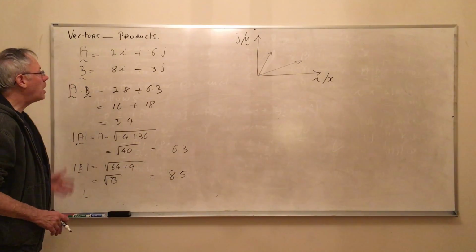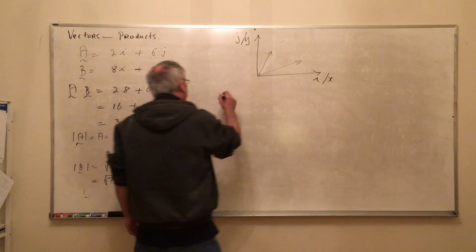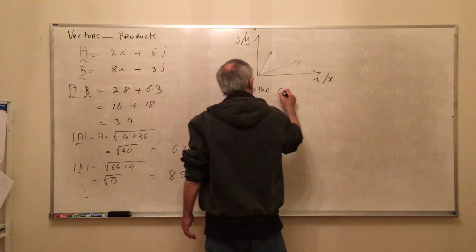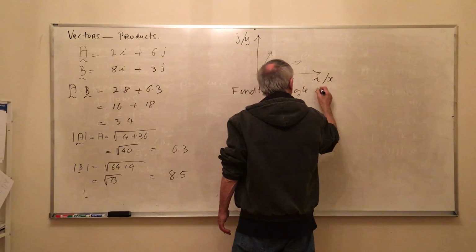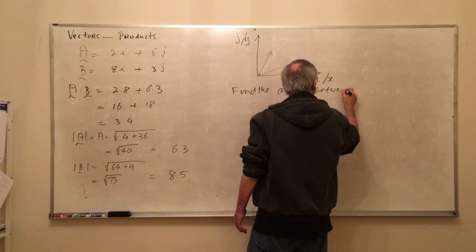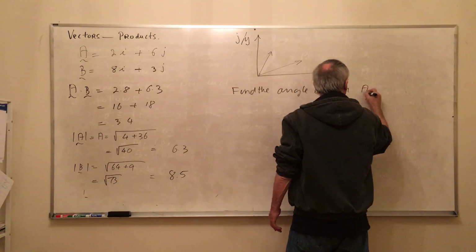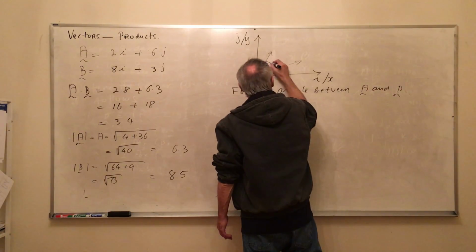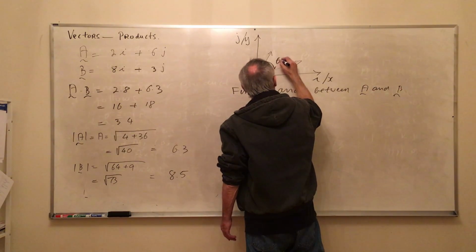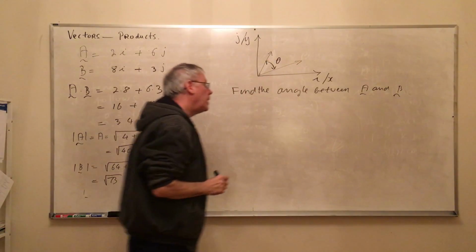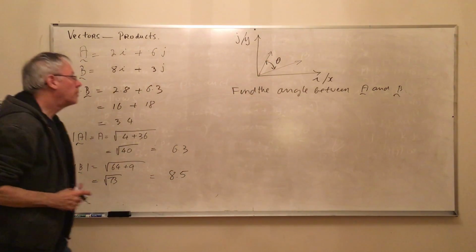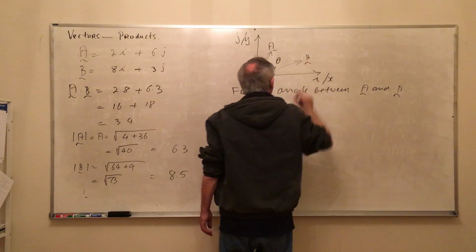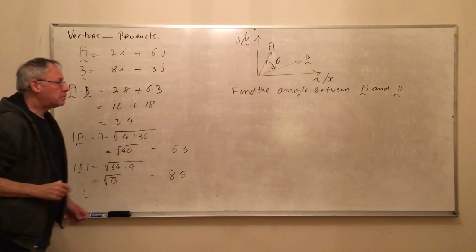We found the scalar product, but now we can find something else. I want to find the angle between A and B. What is this angle here?